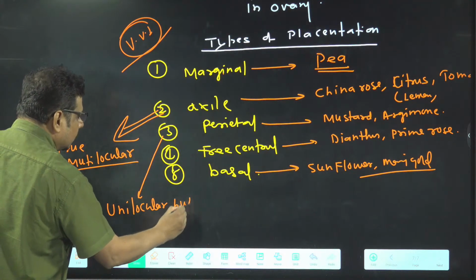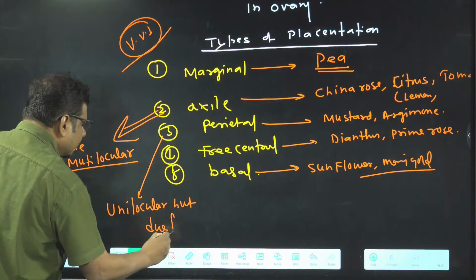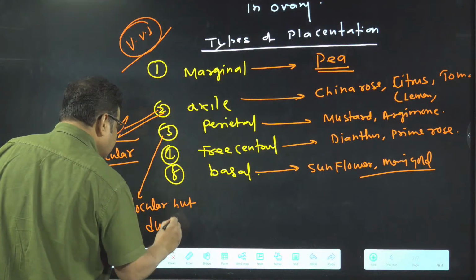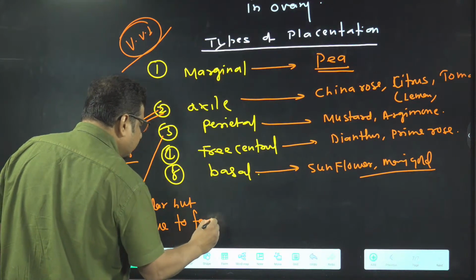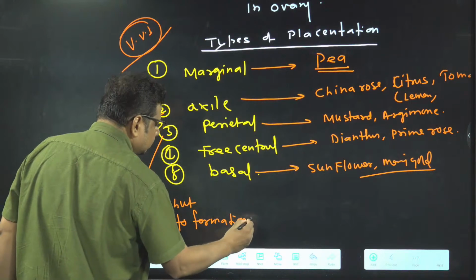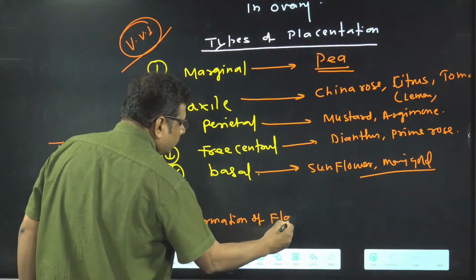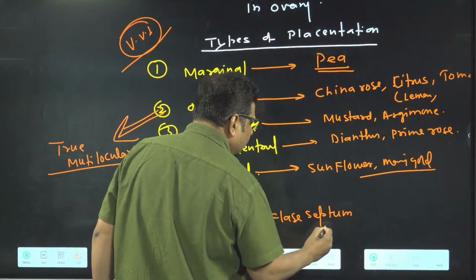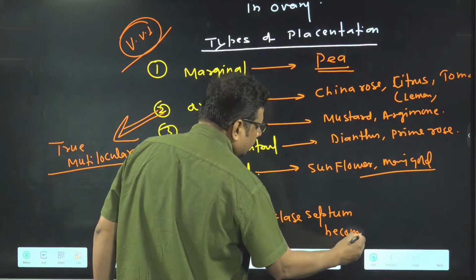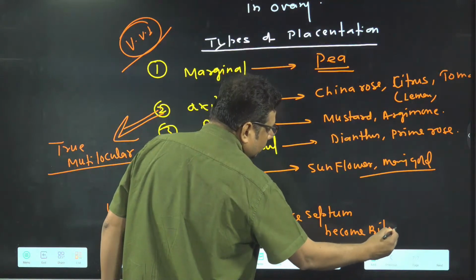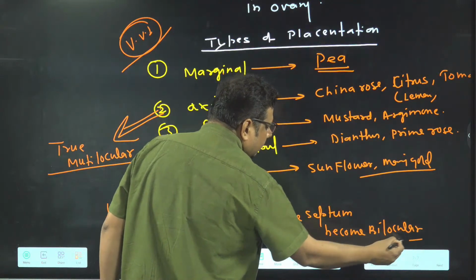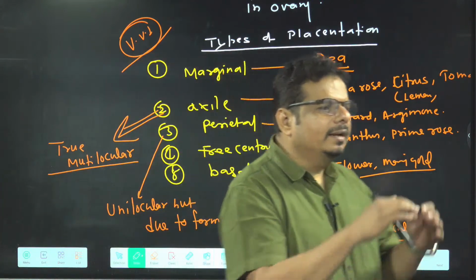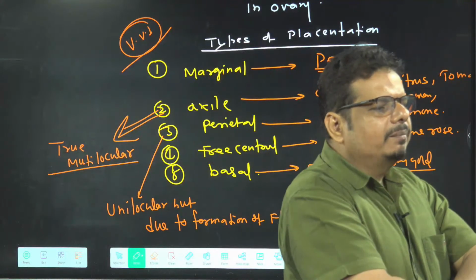But due to formation of a false septum, not true, it becomes bilocular. So it is a very hot favorite line of the examiner in asking the question: who is unilocular and due to false septum formation becomes bilocular?